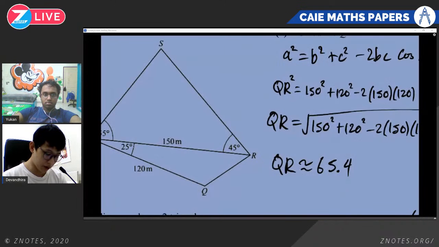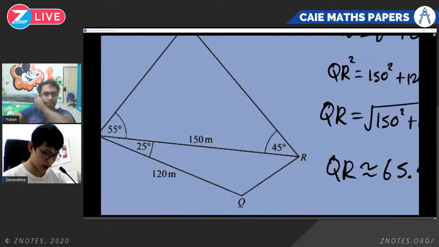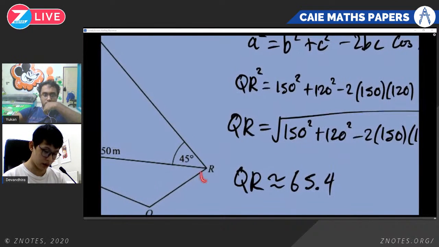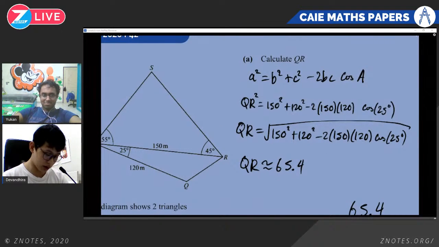So we're looking for QR. So let's put QR in A because we know that the opposite side of the 25 degrees is QR. So we put QR right here, and the sides adjacent to the angle, which are 150 and 120, we put in the B squared and C squared.